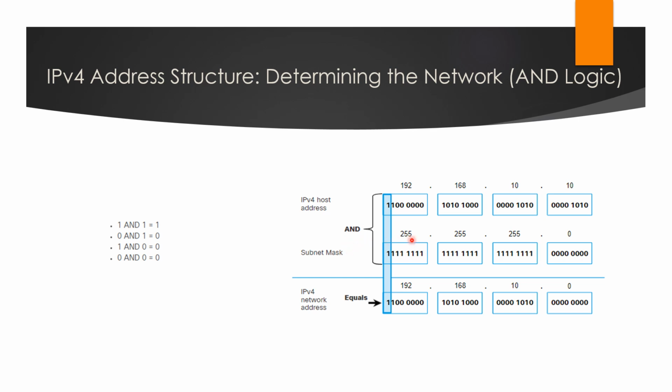We have the subnet mask 255.255.255.0, and here it is shown in binary format. By ANDing bit by bit from left to right, we get the IPv4 network address shown in the last line. In this example, we see that the network address will be 192.168.10.0.